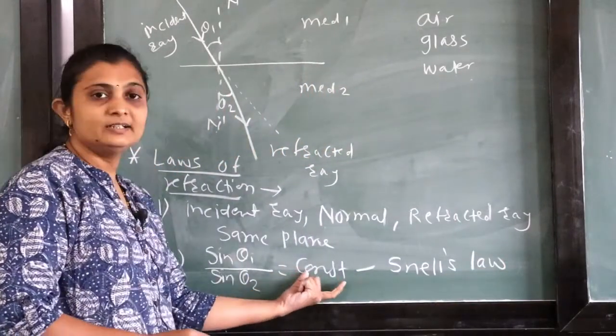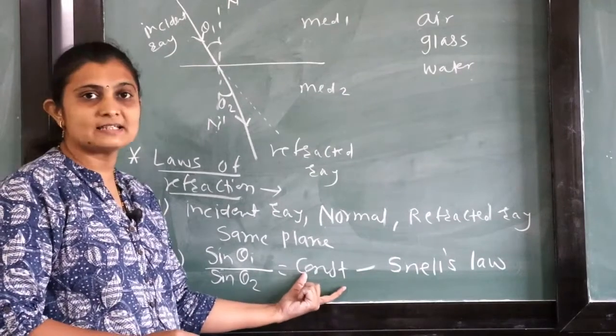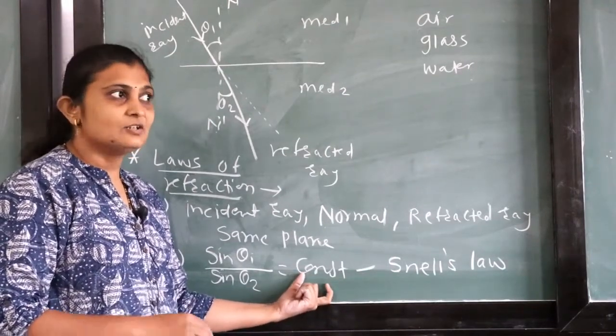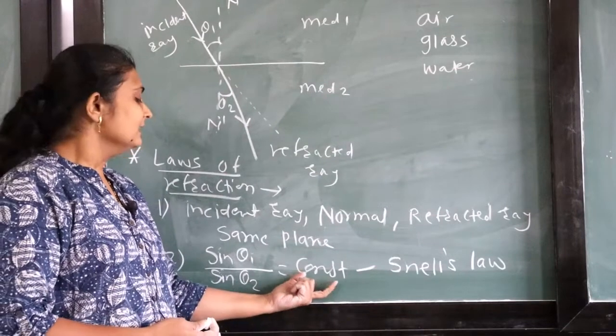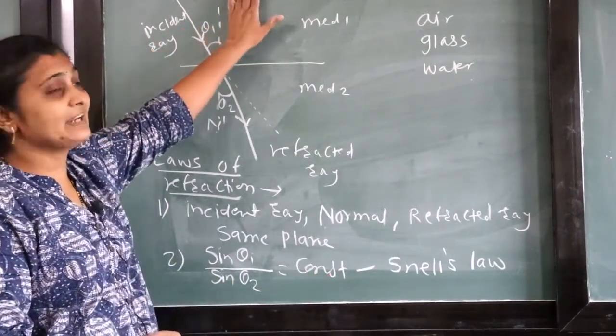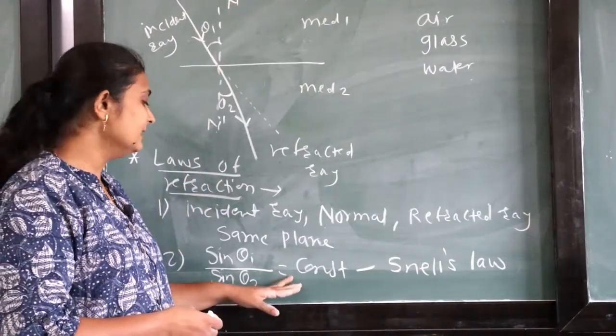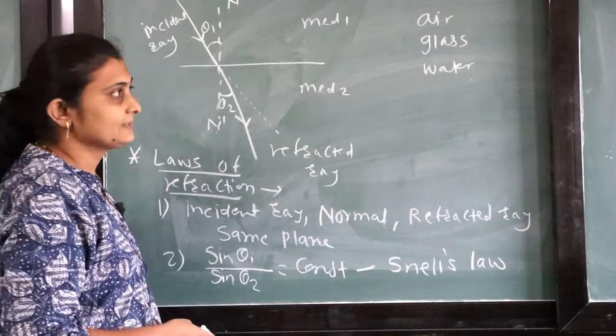And this constant is called the refractive index. Here we completed refraction of light and laws of refraction. Next topic is the refractive index.